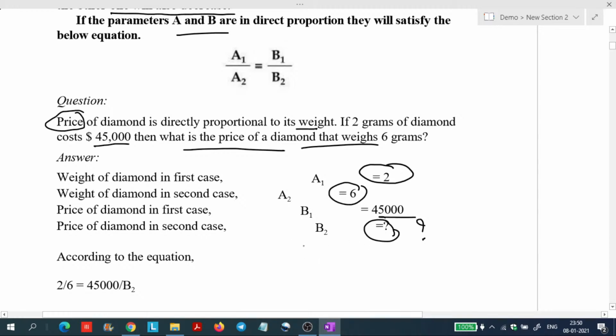According to the equation, A1 by A2 equal to B1 by B2, so in the first case that is 2 by 6.